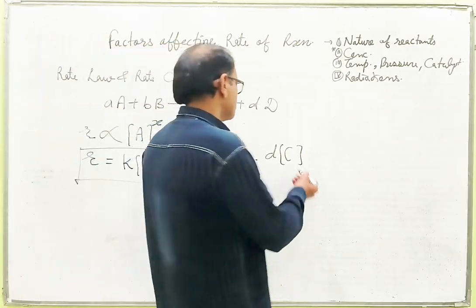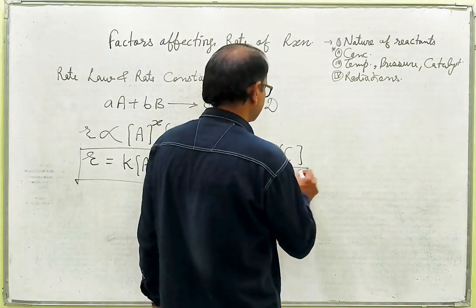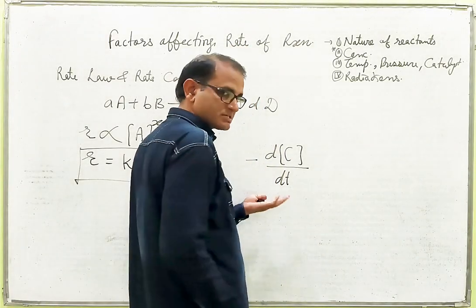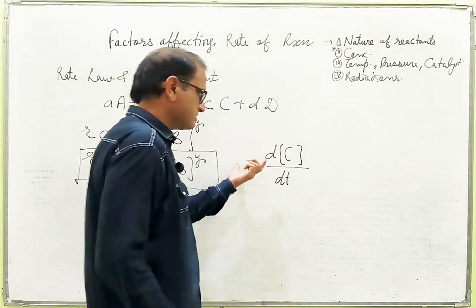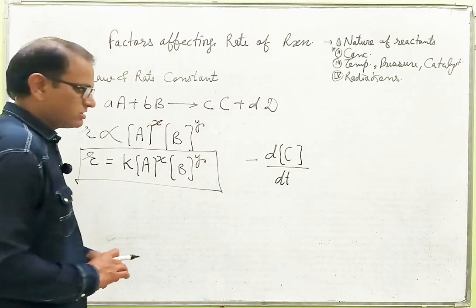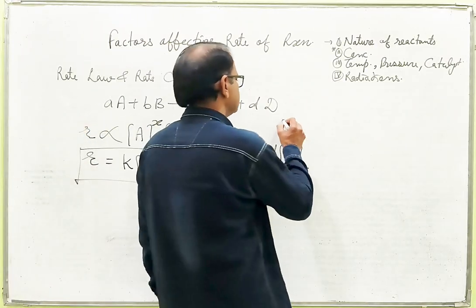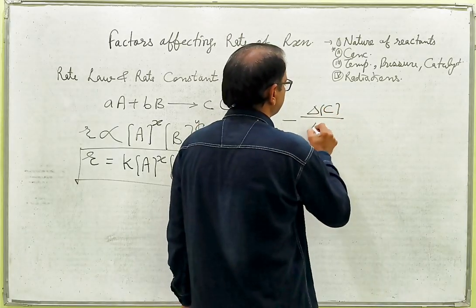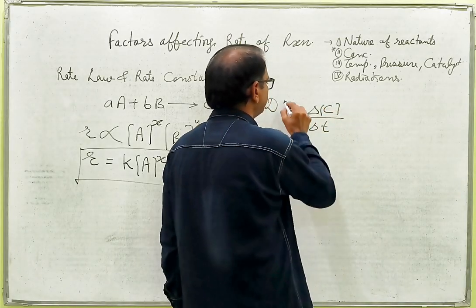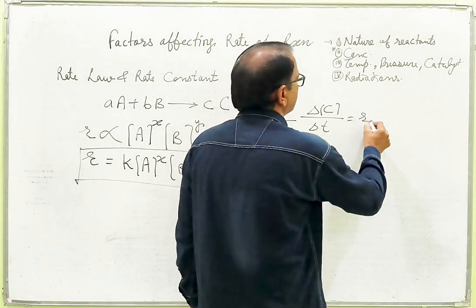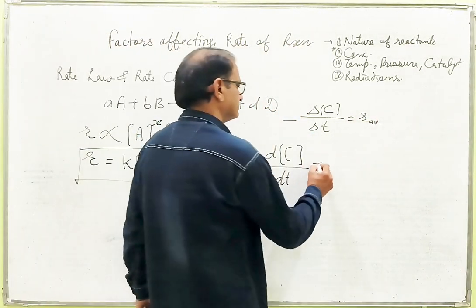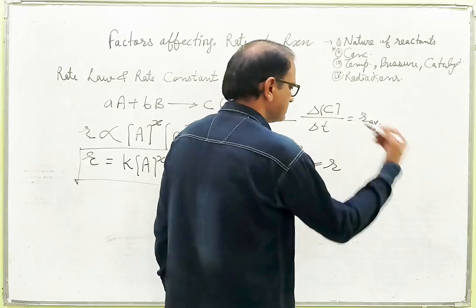So minus dC upon dt. This is how we can express rate if we are talking about the instantaneous rate of a reaction. Or of course we can say minus delta C upon delta t if we are talking about the average rate, okay. So simply we say it R.